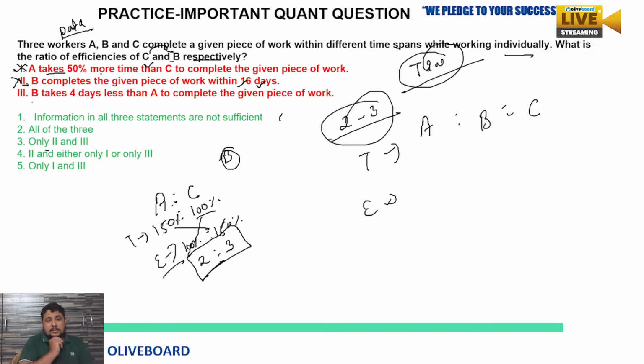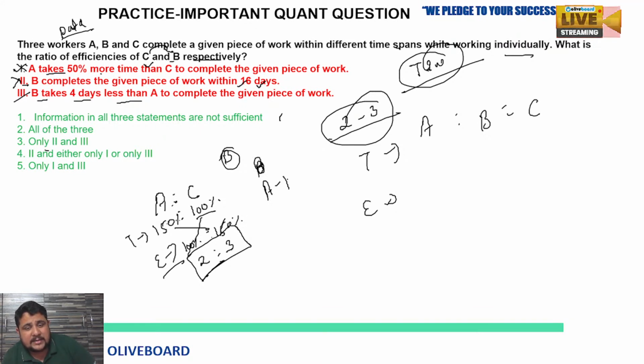Second one means all 3 are required to solve this. Okay. Now the third one. B takes 4 days less than A to complete the given piece of work. So here the time difference of B and A is given. B takes 4 days less.